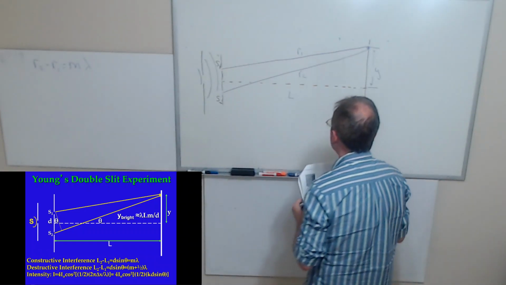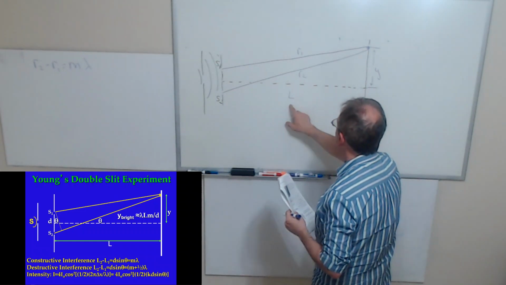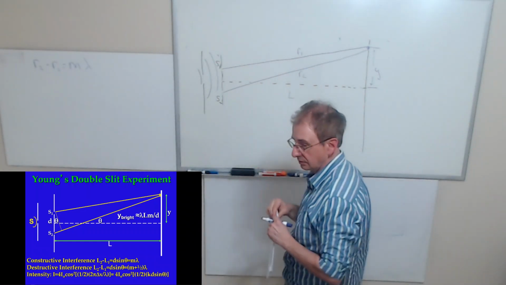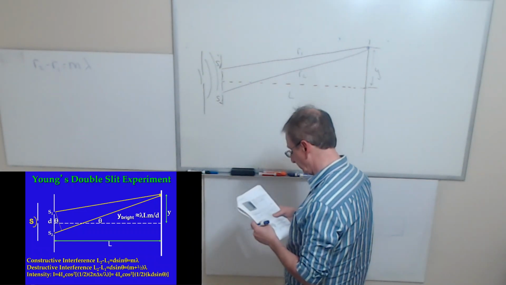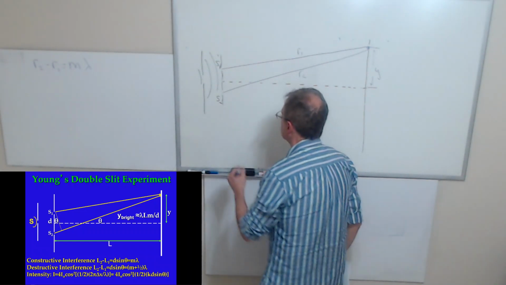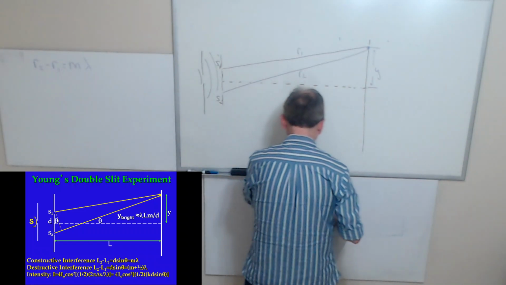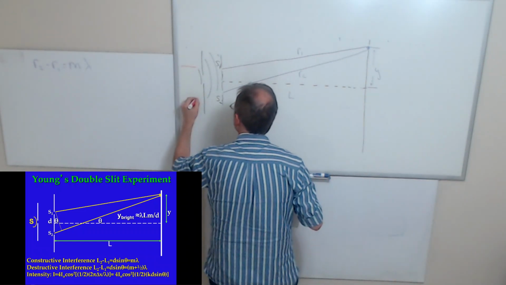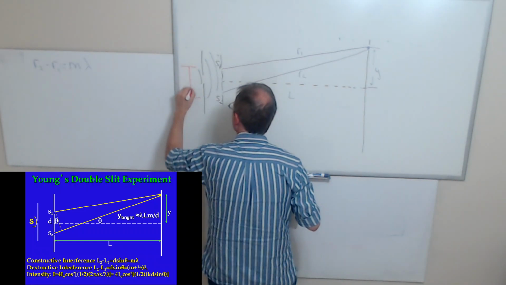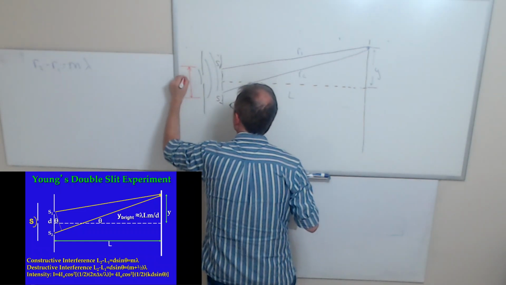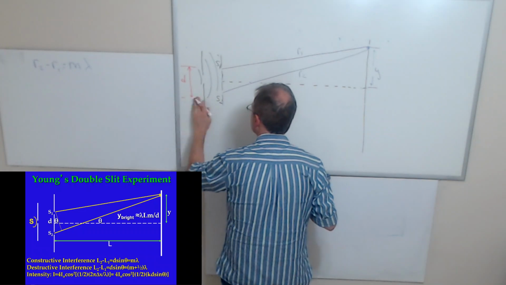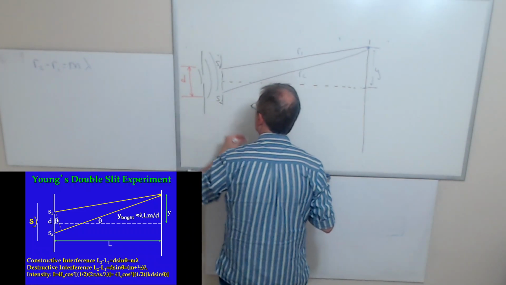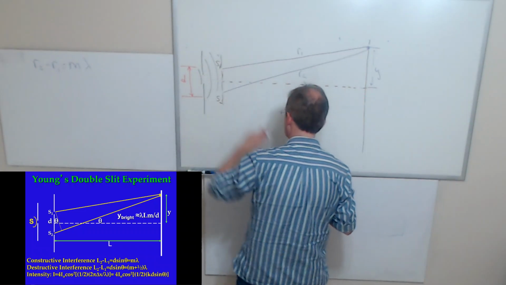Now, because L is large compared to this separation, and let's call the separation between the two slits D, we'll call the distance between the slits D. Okay, so this distance is D.